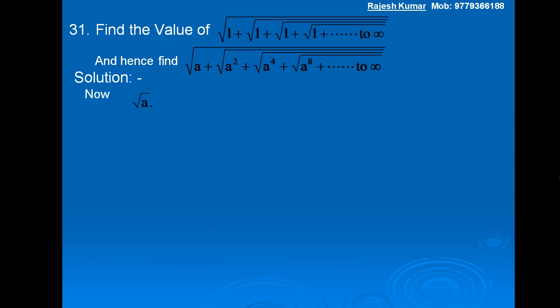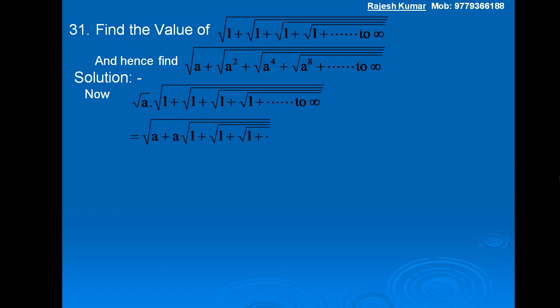Now square root a into the given expression, square root of 1 plus square root of 1 plus square root of 1 plus so on to infinity, is equal to square root of a plus a into square root of 1 plus square root of 1 plus so on up to infinity.